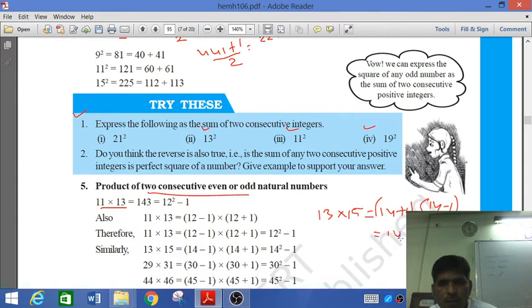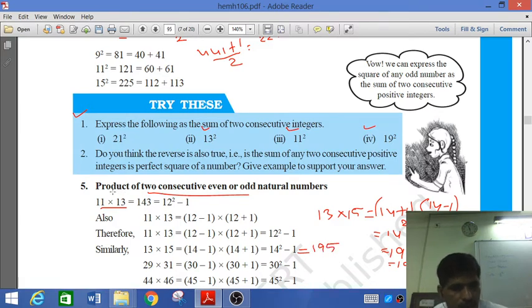So 14 square minus 1, that is 196 minus 1, that is 195. So your answer is 195.